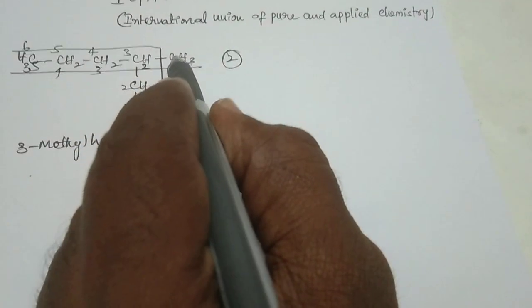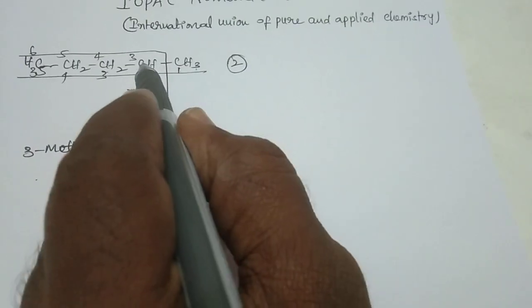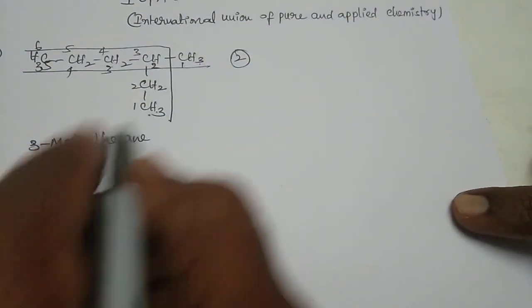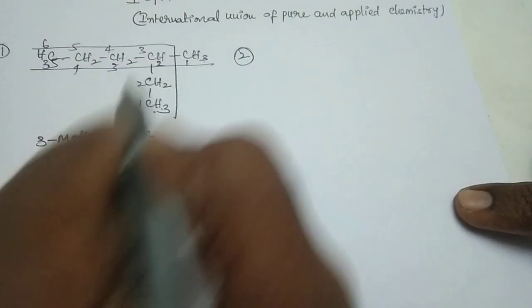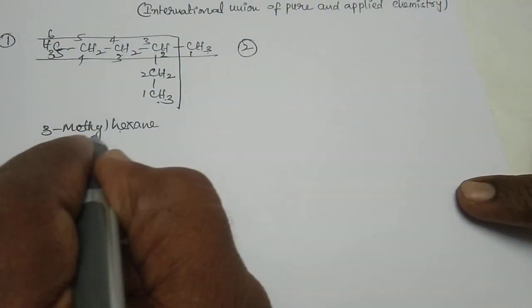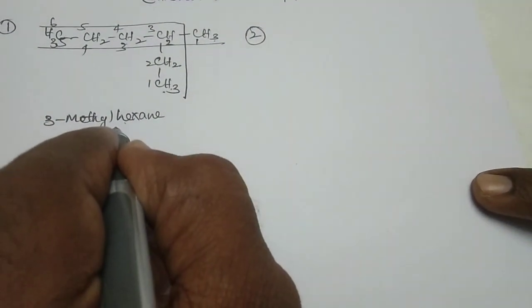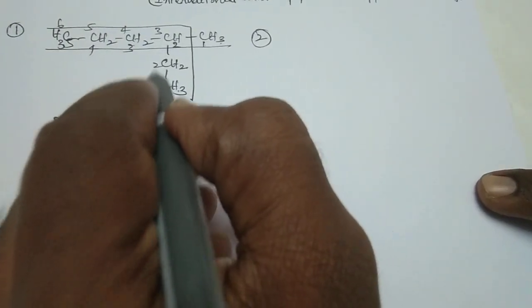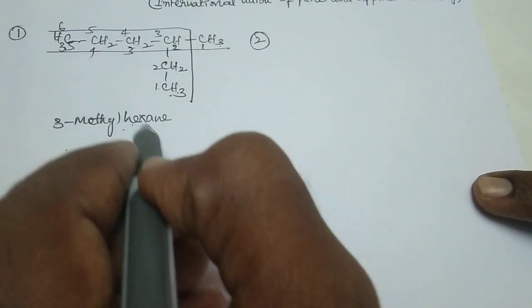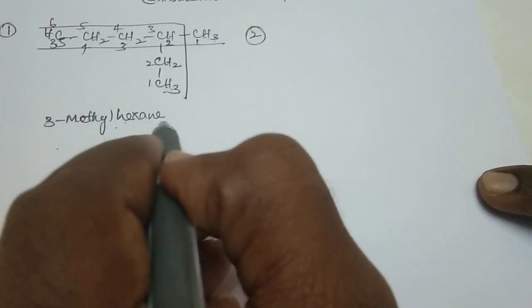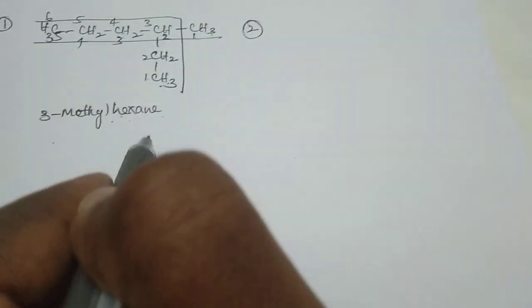So here you have to mention on which carbon the substitution is present. The substitution is present on the third carbon, so you have to write 3-methyl, and the parent chain has 6 carbon atoms, so we can write hexane: 3-methyl hexane.